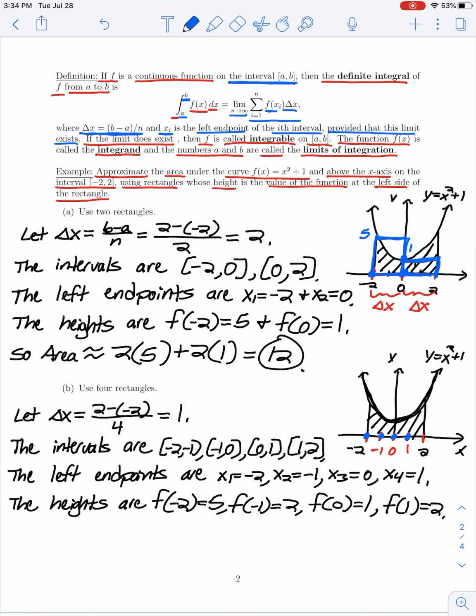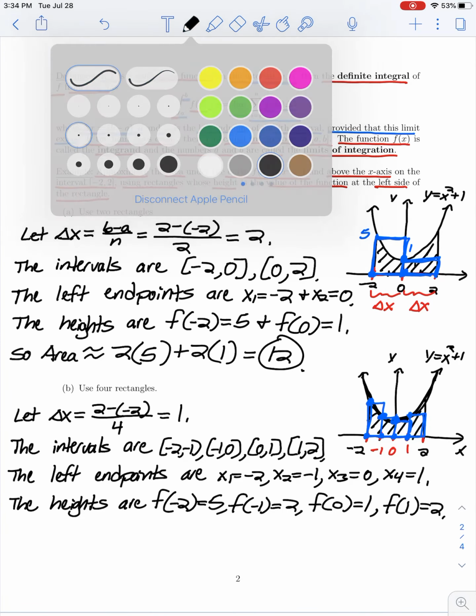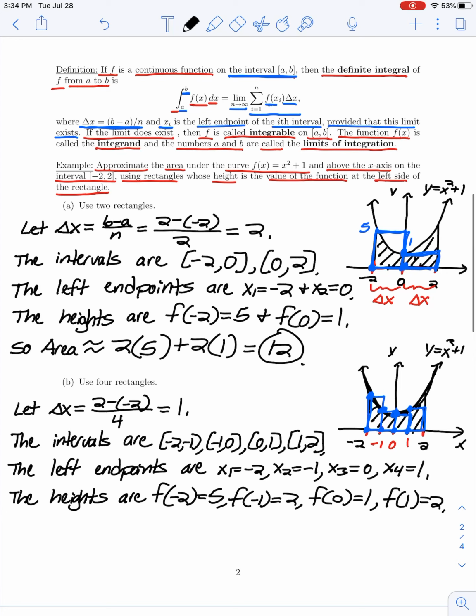So to construct our rectangles, we're taking the base as each of our little subintervals, and the height is the value of the function at that left endpoint. So we have 4 rectangles shown here, and our area will be approximated by the sum of the areas of those 4 rectangles.